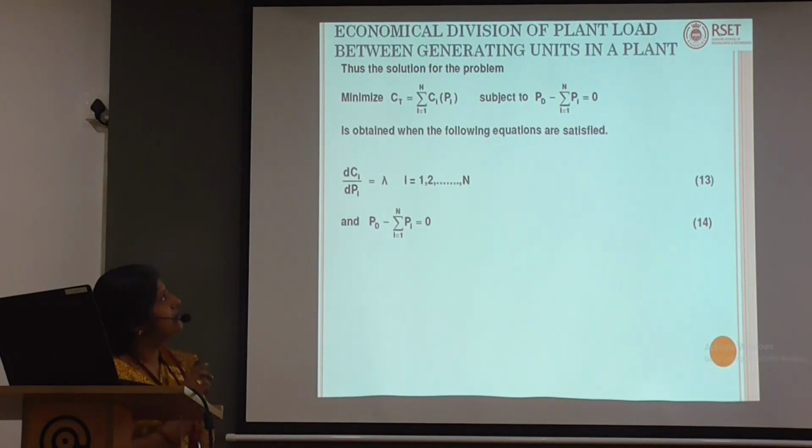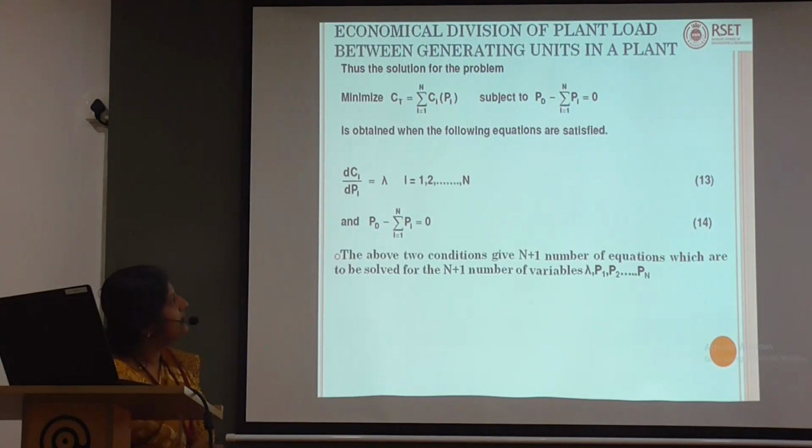So the main objective was to minimize the total cost function subject to this equality constraint, and finally the condition to be satisfied is that dCi by dPi is the same for all plants, that is, all the plants should have the same incremental cost, along with this power balance equation. Here I have got n number of variables. What are they?